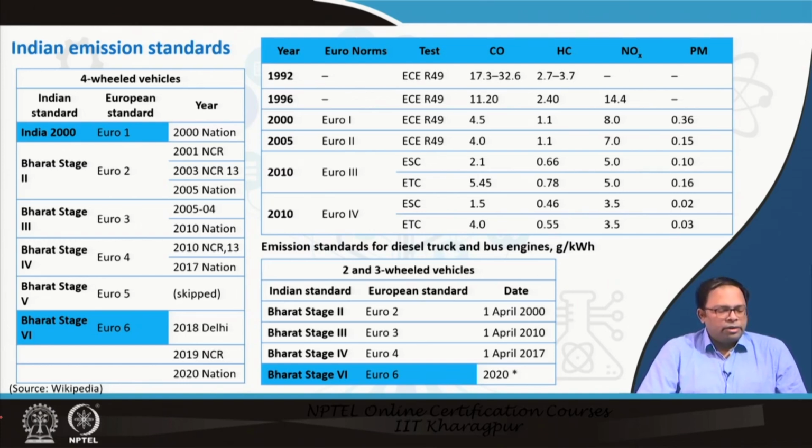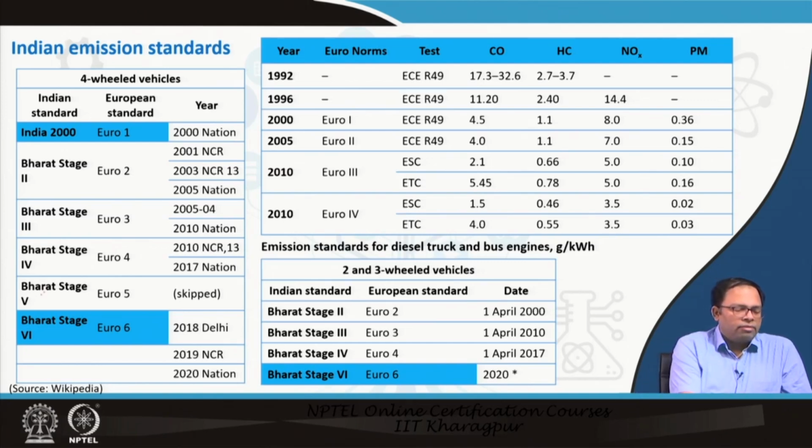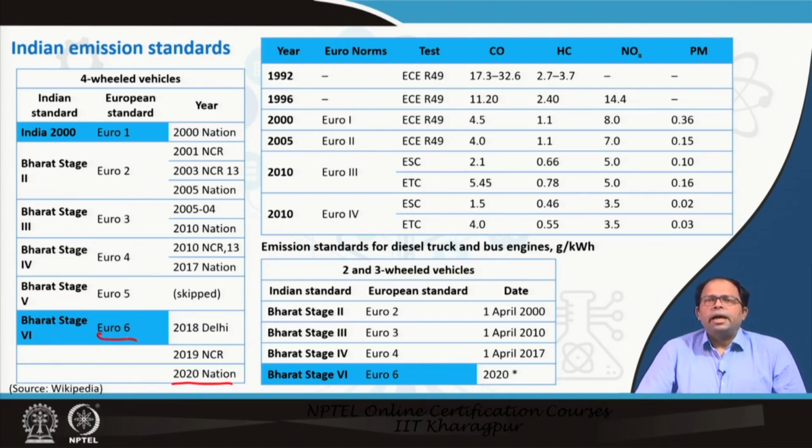Here the standard followed is Bharat Stage 5 right now, and we have now set a date for Bharat Stage 6, which is Euro 6, which was supposed to come into effect from 2020 nationwide, and so this follows primarily the Euro 6 norms. It's a very stringent norm, and so it's expected that with the application of this standard, the amount of emission will come down drastically.